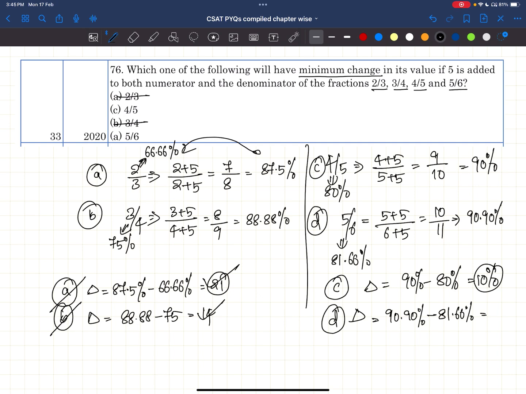See, the difference is less than 10%. It is almost 9.30. Right? This is the minimum change. That means the minimum change is happening in 5 by 6, option 2.